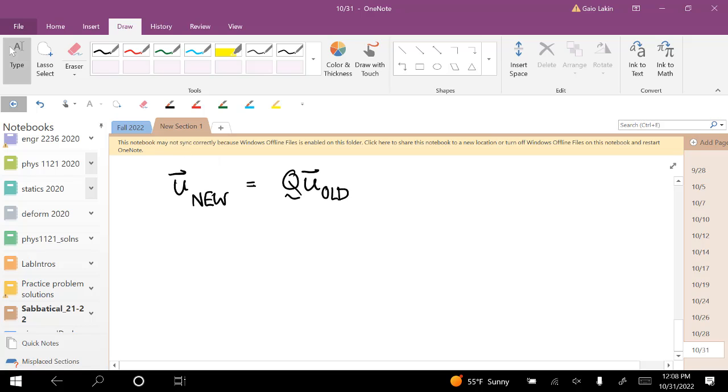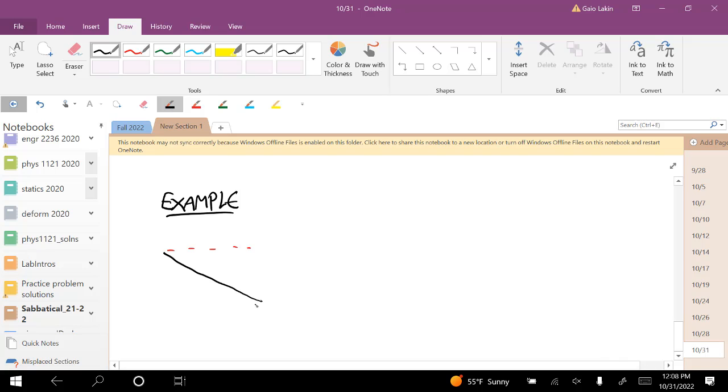Okay, so let me do an example. So let's say that we have this vector. There's the horizontal, and the vector we want is this with a length of 15. Let's make it a length of 20 so I can do it in my head, because I forgot to bring a calculator. Too late. Okay, so that's 30 degrees, length is 20.